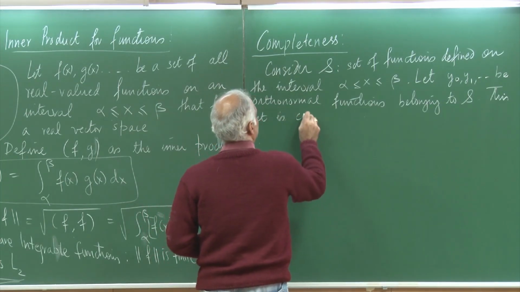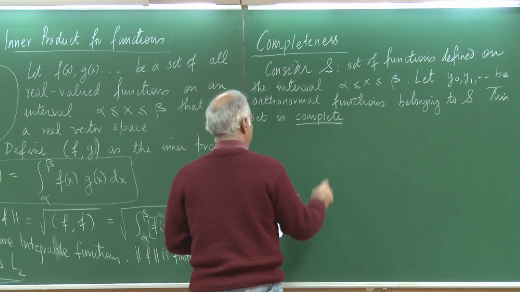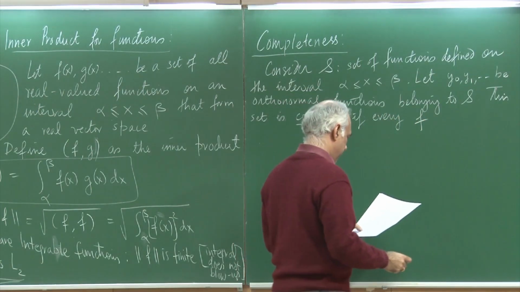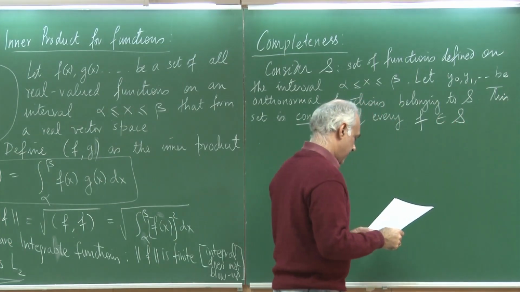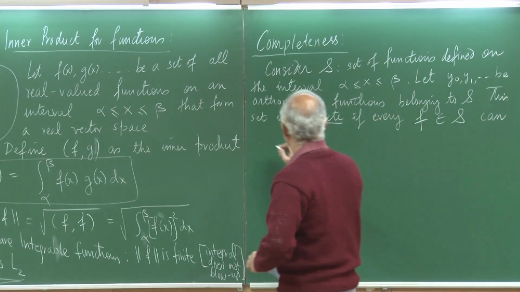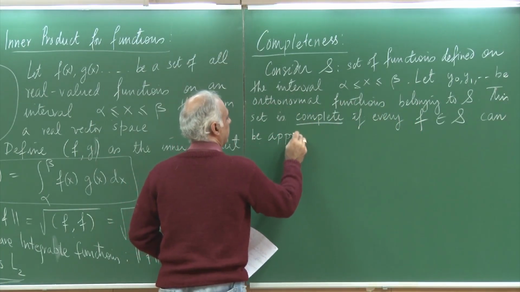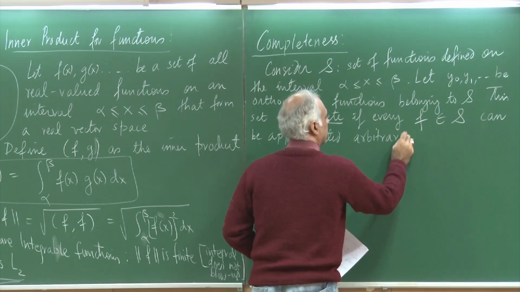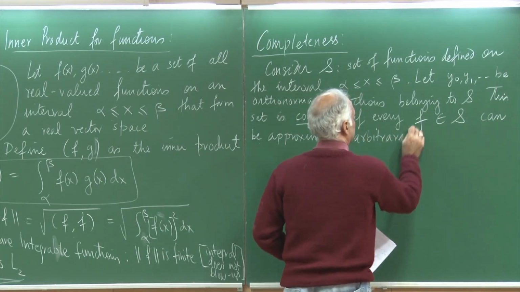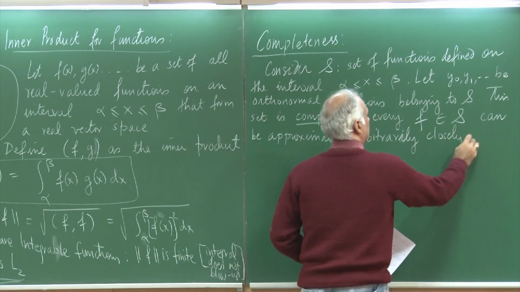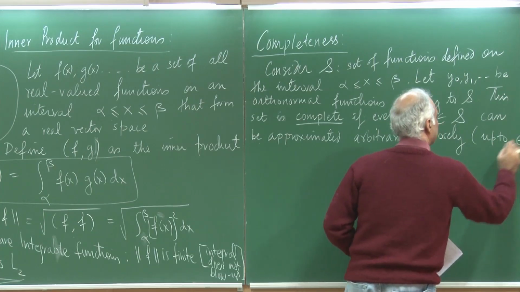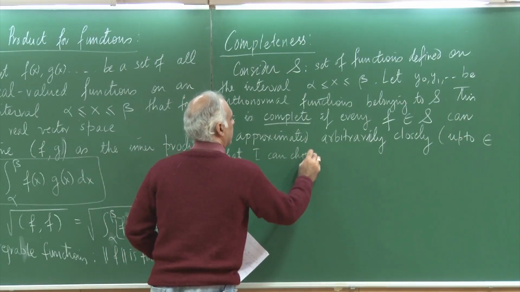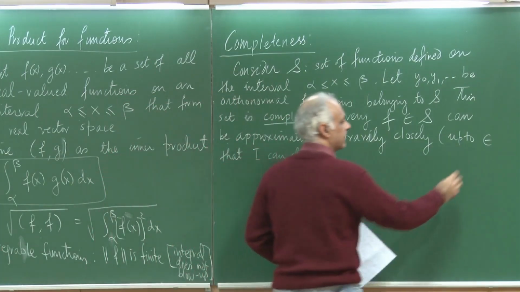So this set is complete if every function f that belongs to the set S can be approximated arbitrarily closely, let us say up to an epsilon that I can choose, and of course epsilon is greater than 0.